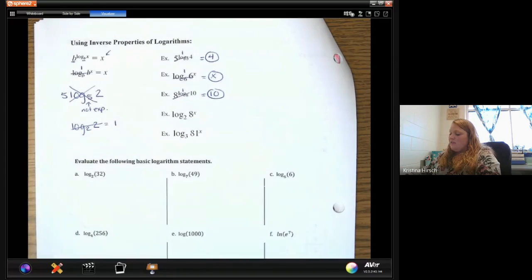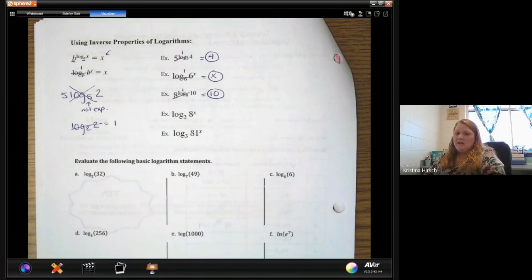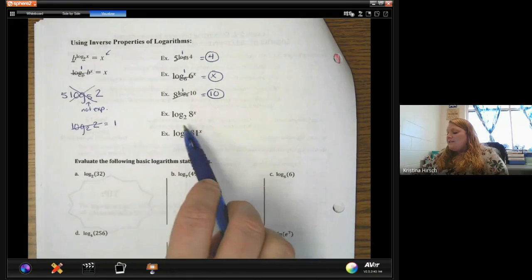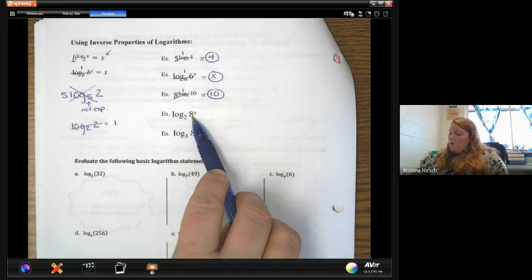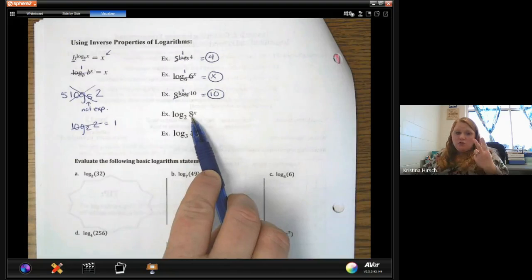All right, but we look at these last two examples, and that is not the case, right? Those numbers are not the same. We cannot use it. So what you have to think is, what can I do to manipulate the way it's written so that I can use these properties to my advantage, because I need to simplify it as much as possible. So in order for this to cancel out and become 1, this 8 needs to be a 2.